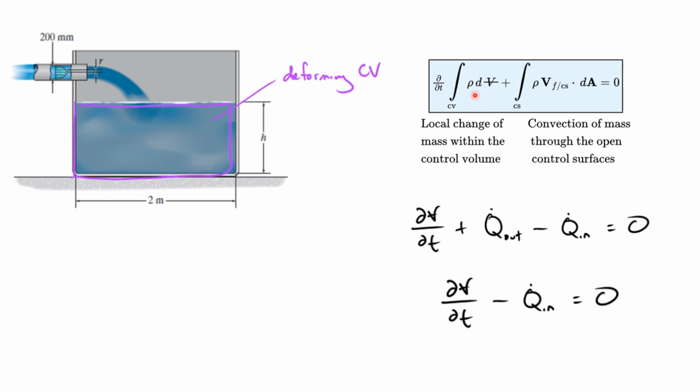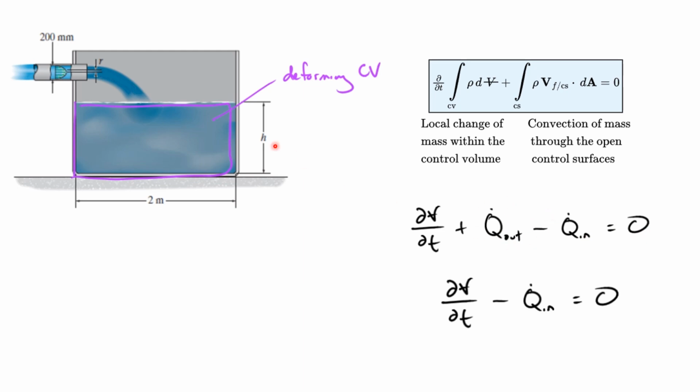Now, one thing we can do right away is, because we're dealing with water and the density is not changing, we can cancel out density on both sides of the equation, just divide through by it. That leaves us with the integral of dV, which is just V. So we'll have the partial of V with respect to t, and this side is going to be two terms, Q dot out minus Q dot in.